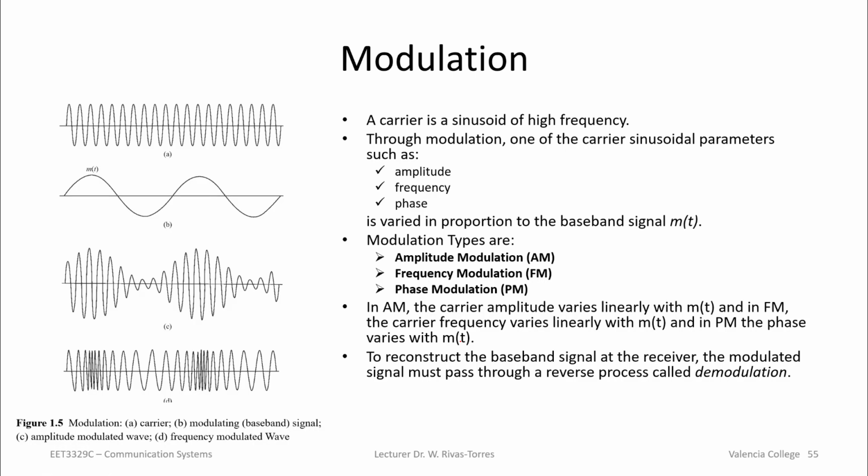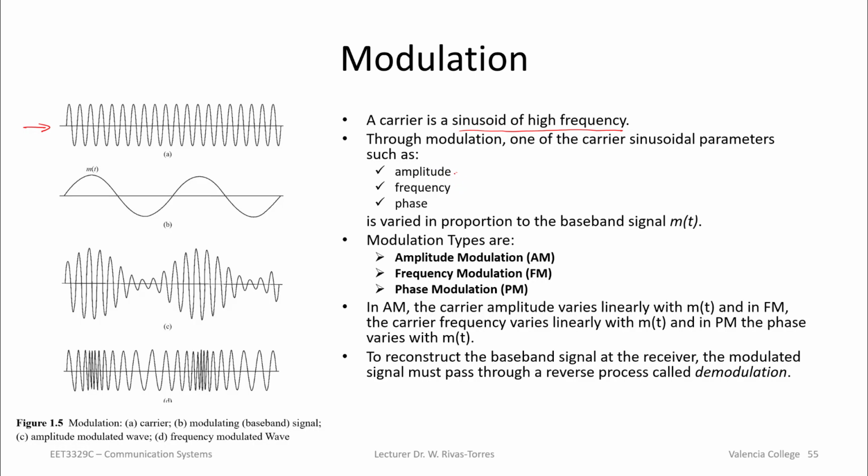Now, here's what modulation is. The carrier that we're talking about is a sinusoid at a high frequency to make it compatible with the channel, right? And we'll talk about this a little bit more. But through modulation, what you're going to do is change some of the parameters. Now, this signal, which is shown here as A, has three properties that you can talk about.